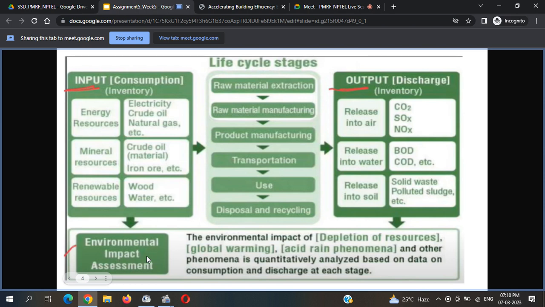That is environmental impact assessment, because you're taking some input and then creating some output from the life cycle. So you are releasing some effluents, some emissions, and some waste products into the environment. So you can see from the output what different environmental impacts you will have.